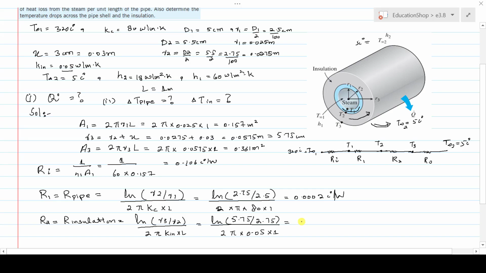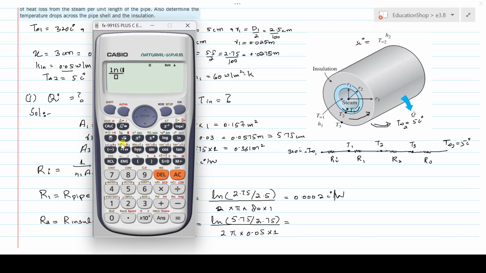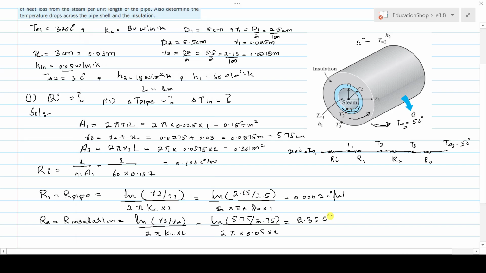Let me calculate this. This is the value of the resistance offered by the insulation, almost 2.35 centigrade per watt. Let me write it in the notebook.